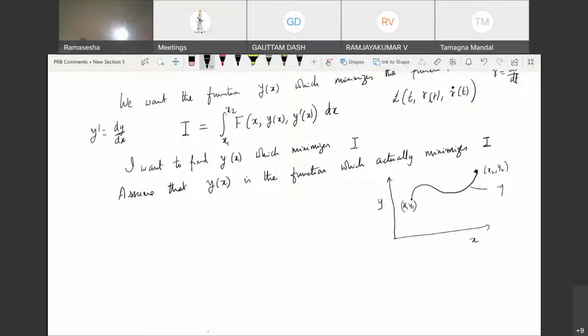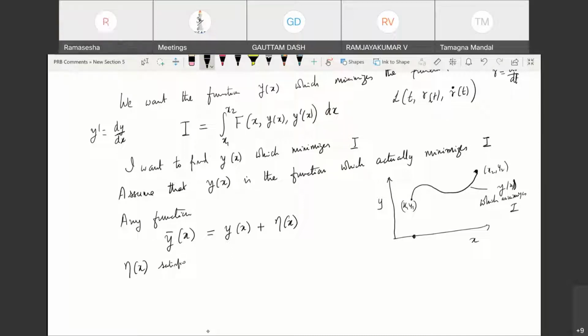Right. So what it means is that now if I take any function y bar of x equal to y of x plus eta of x, where eta of x satisfies the following boundary condition, eta at x1 and eta at x2 are zero.